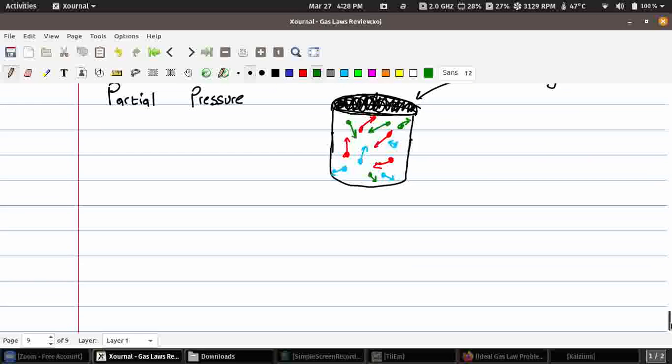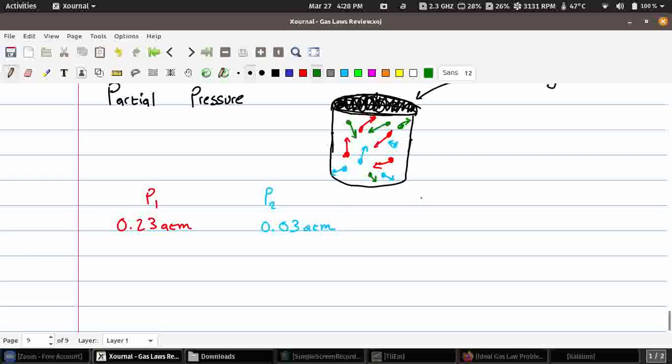All right, so let's say red has a partial pressure, so this will be P1, of 0.23 atmospheres. And then light blue can be P2, and that's got one of 0.03 atmospheres.